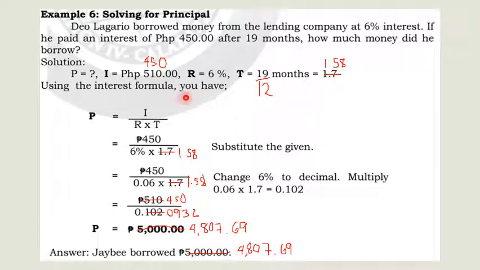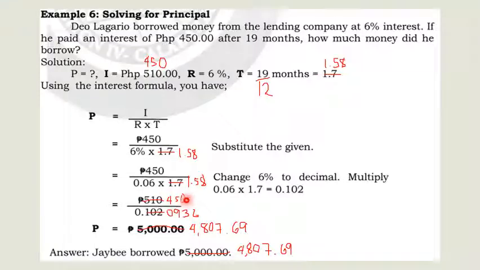Ngayon, i-substitute natin siya. So, paano po nakukuha yung principal? So, I divided by yung R times T natin, yung rate times time. So, multiply muna natin yung rate at saka time. Ano ba yung rate natin? 6% at yung time natin is 1.58. So, yung 6% convert natin into decimal, so magiging 0.06 times 1.58. Ang makuha natin is 0.0948.